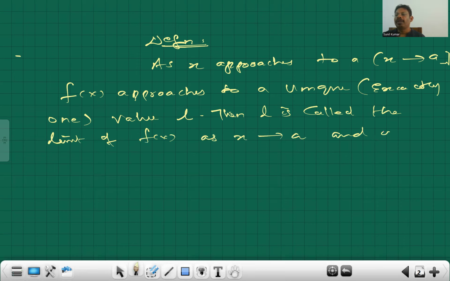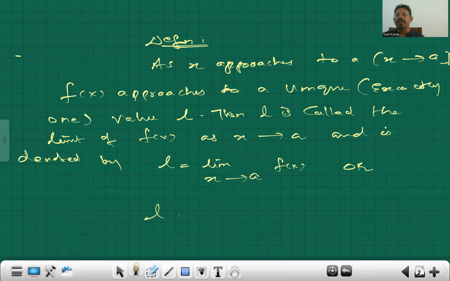We can denote this as L equal to lim, which means limit, as x approaches a of f(x), or I can write L equal to, in short form of limit, lt x approaching a f(x).